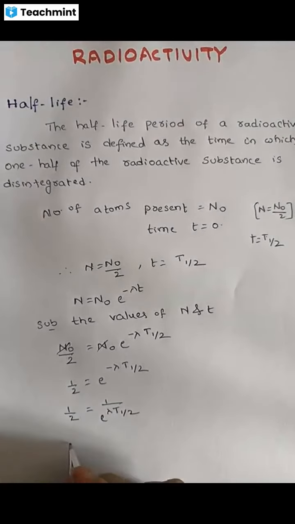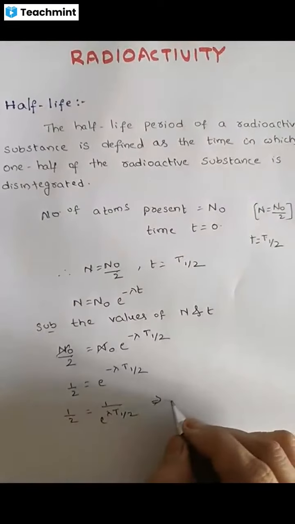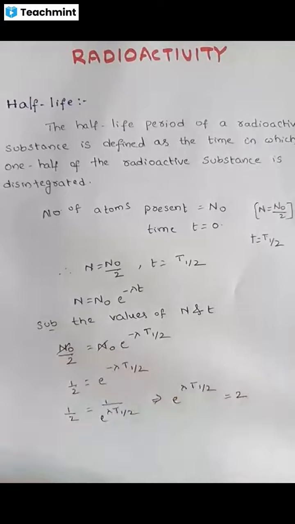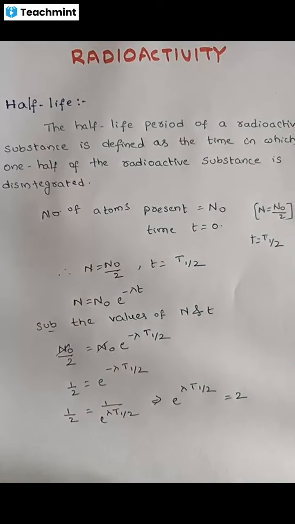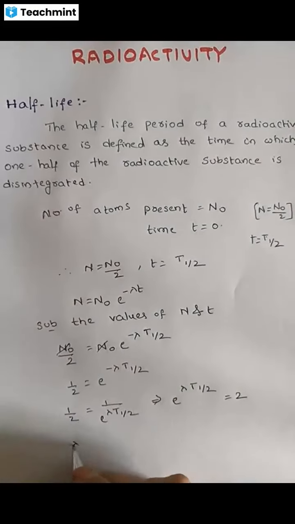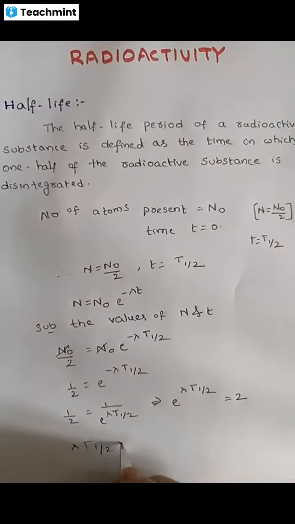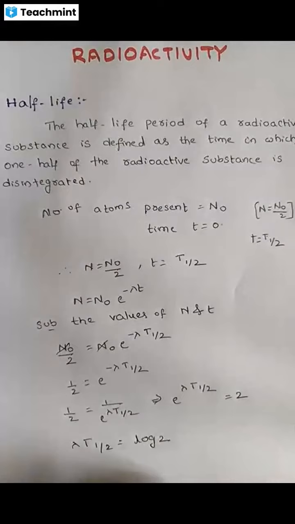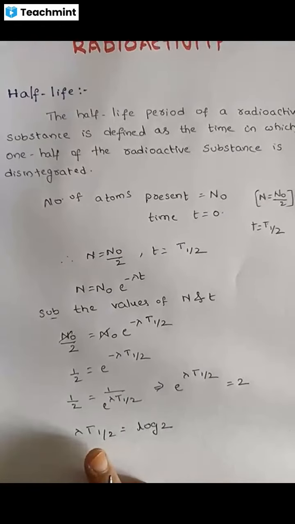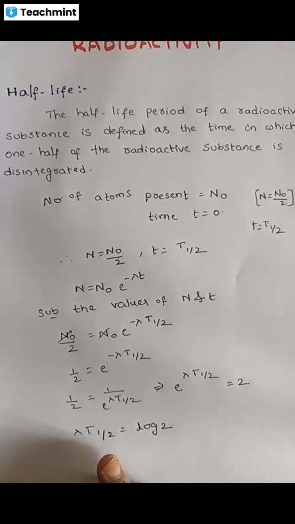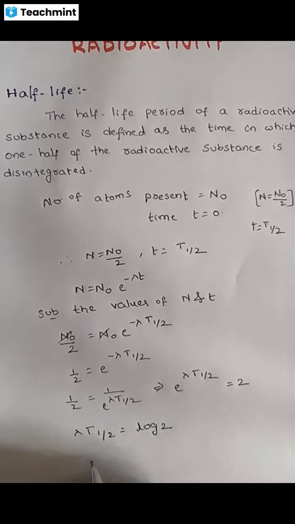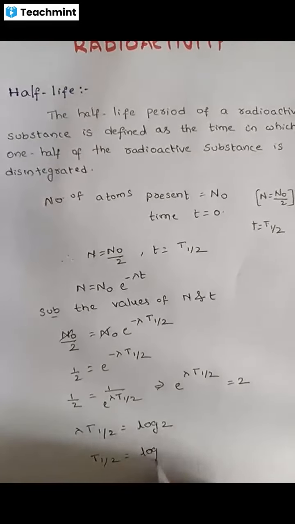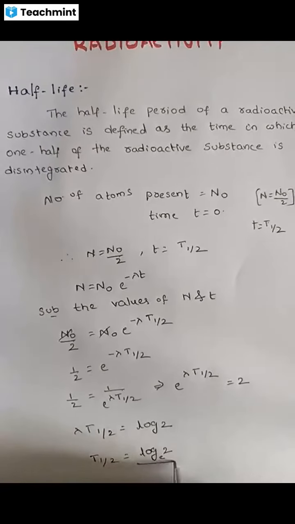So what we get now: e power lambda t half is equal to 2. Now lambda t half is equal to log 2. Remember, we are deriving this for t half. Now t half can be written as log 2 base e by lambda.